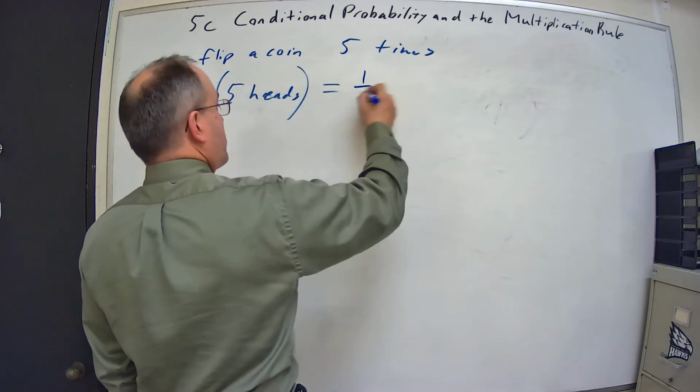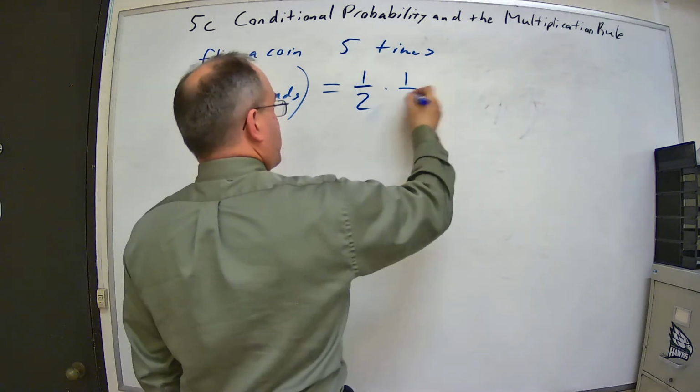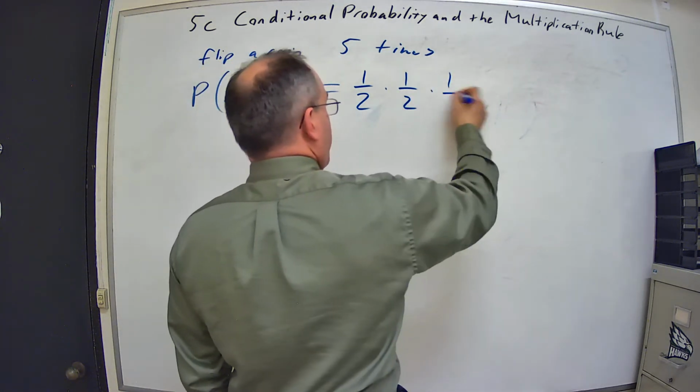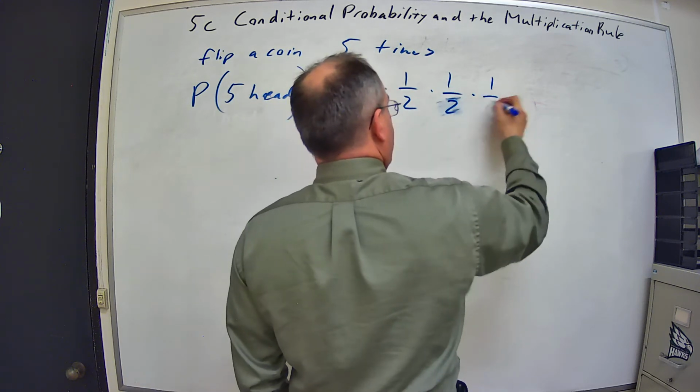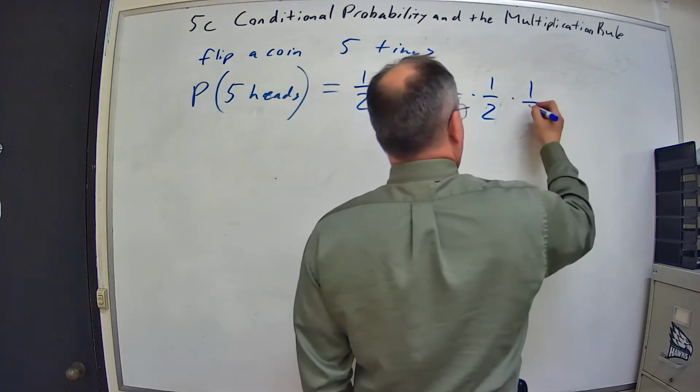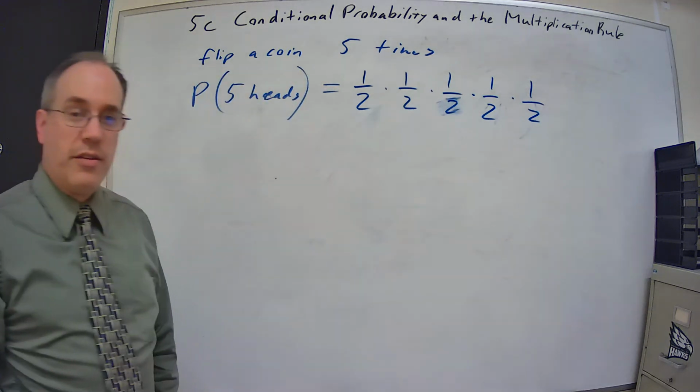Probability of getting heads the first time is 1/2. Of getting heads the second time is 1/2. Of getting the third time is 1/2. Of getting the fourth time is 1/2. Of getting the fifth time is 1/2.